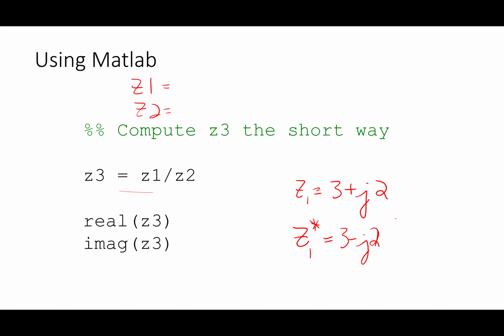This is special in part because of roots. Let me take a simple one: X squared plus 1 equals 0. We know that X equals plus or minus J.